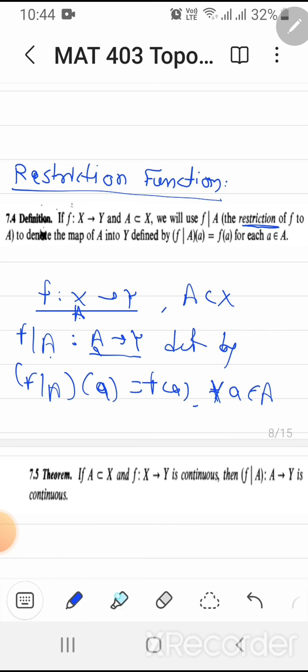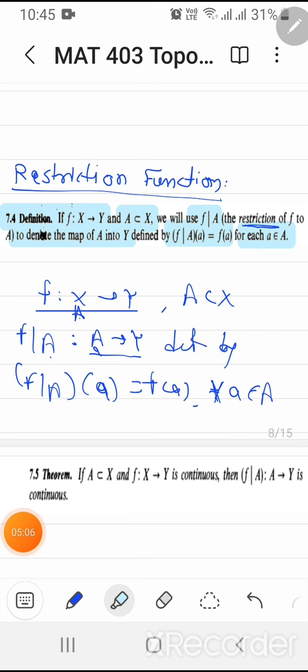Let us see the definition: if f from X to Y and A is a subset of X, then we use f restricted to A to denote the map from A into Y defined by f restricted to A of a equals f of a for each a belongs to A.